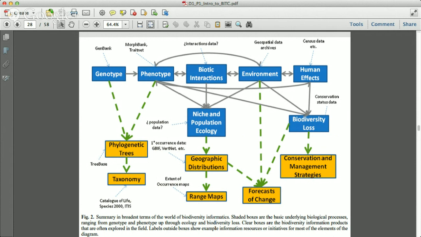biodiversity informatics. And one of the things that we noticed in developing that analysis is that those realms of data, those data streams, are very isolated from one another.